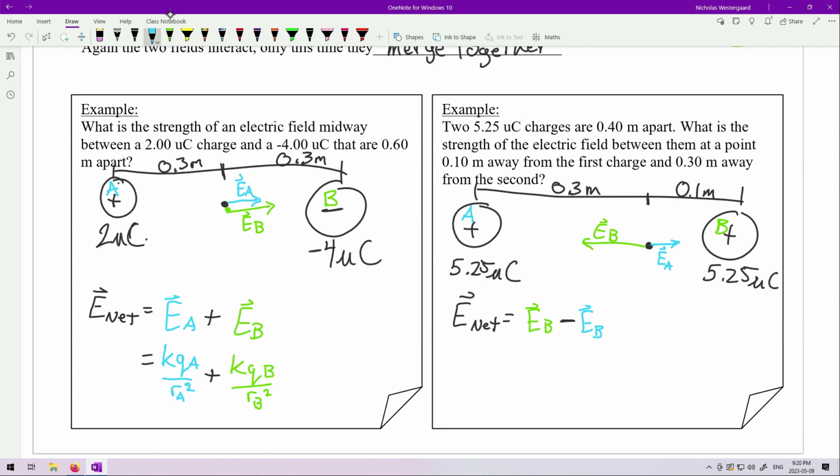Plug them into our formula. Note that RB is 0.1 meters, RA is 0.3 meters. Punch that into your calculators, you should be able to get the result. But I'm not going to. You can do it.